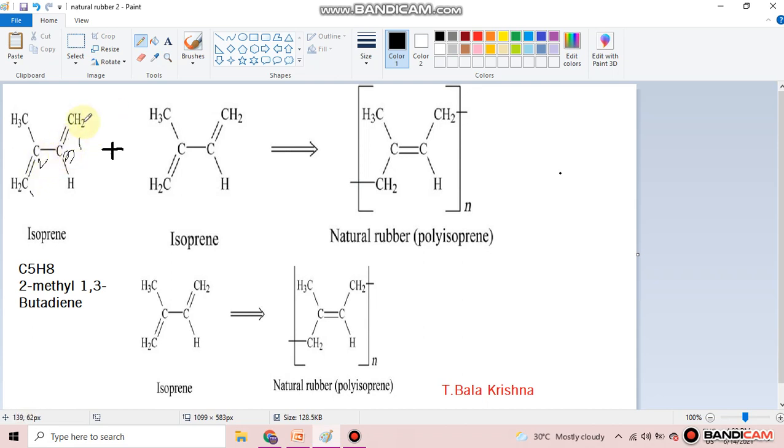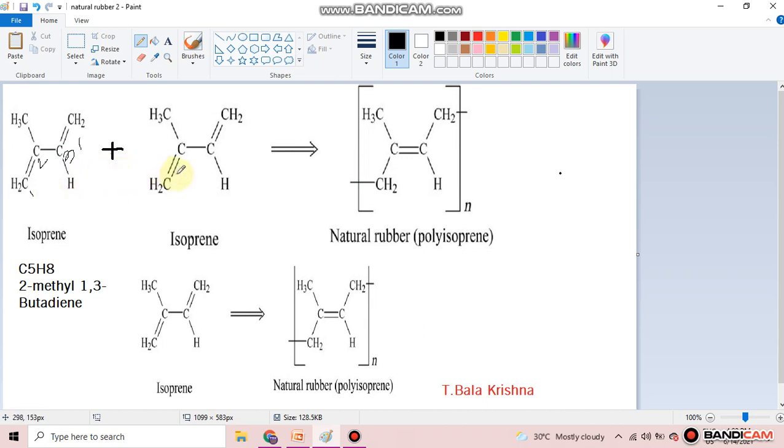It contains 4 carbons, so there is 'but'. It contains 2 double bonds, that is called diene. The double bonds are at the first position and third position, that is called 1,3 butadiene. It also has one substitution, a methyl group substituted at the second place. That is called 2-methyl 1,3 butadiene.